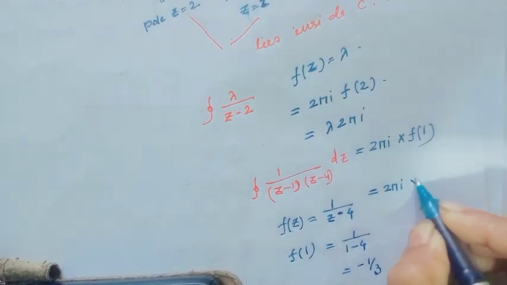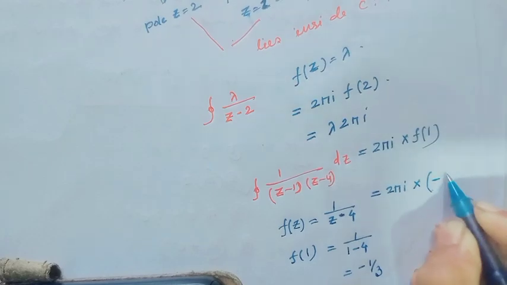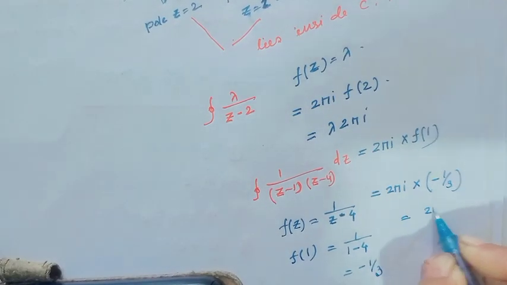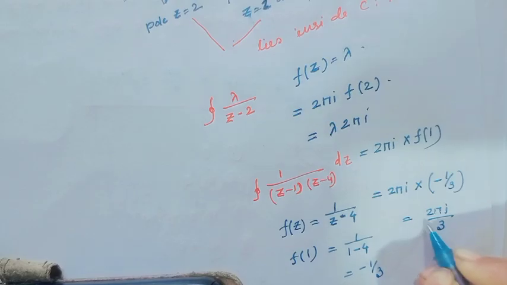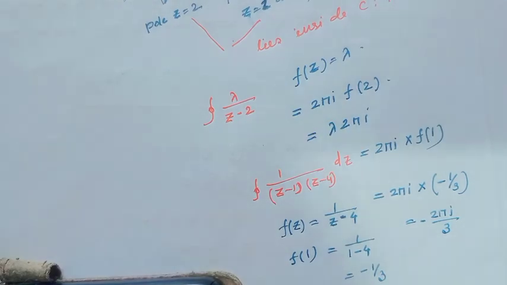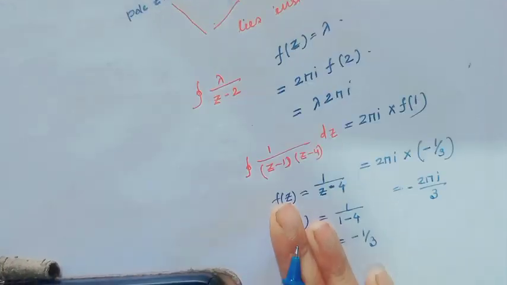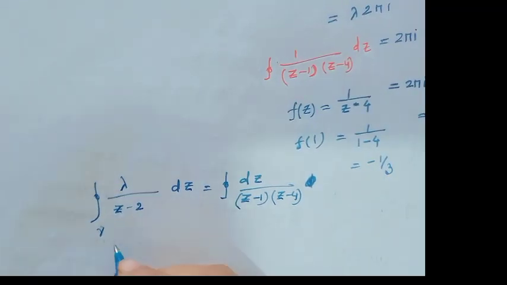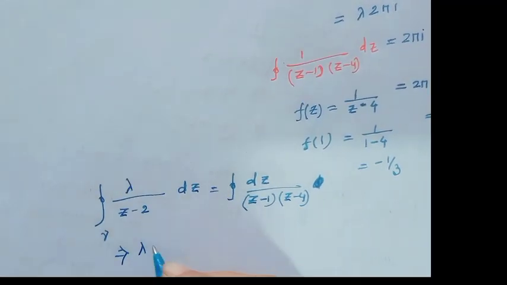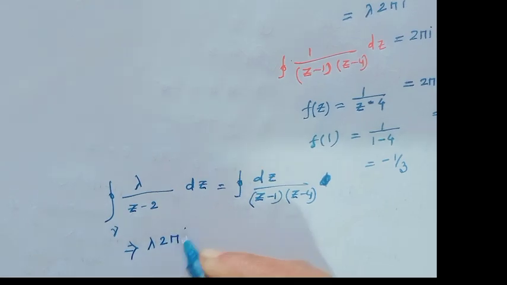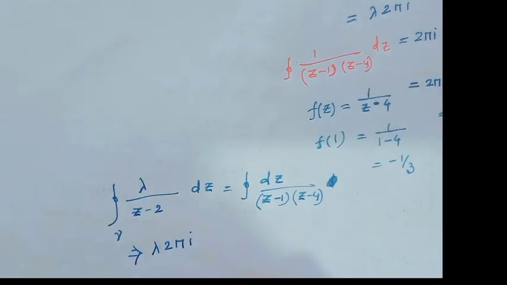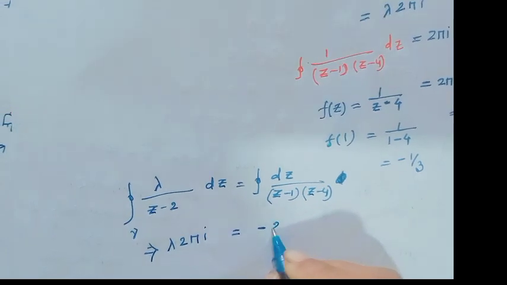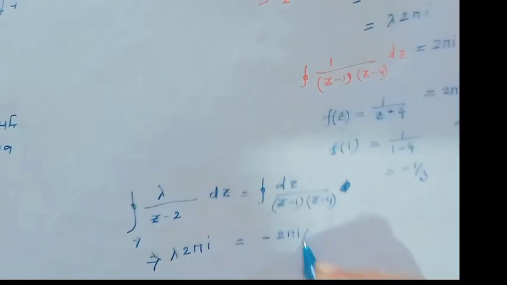This value equals 2 pi i times minus 1 over 3, that means minus 2 pi i over 3. Therefore, lambda times 2 pi i equals minus 2 pi i over 3.